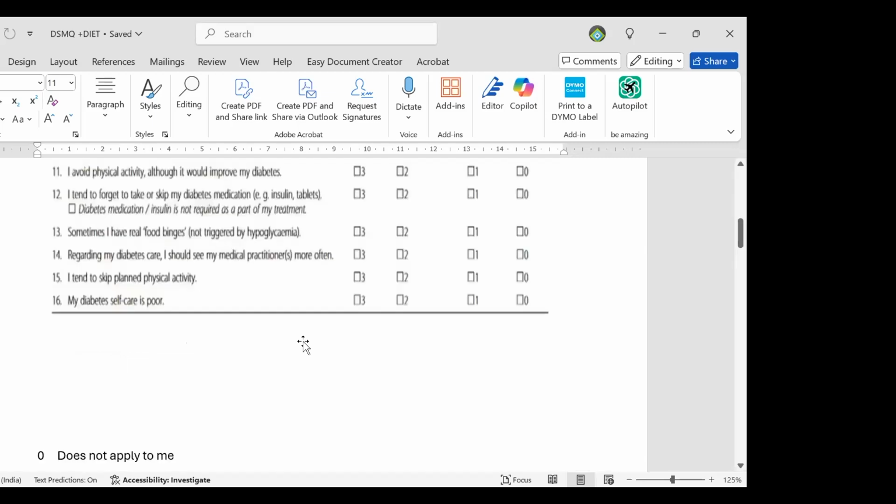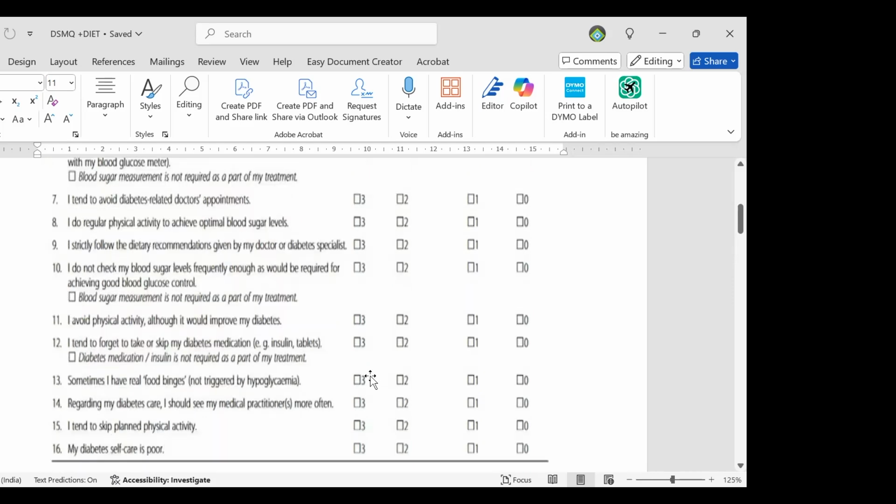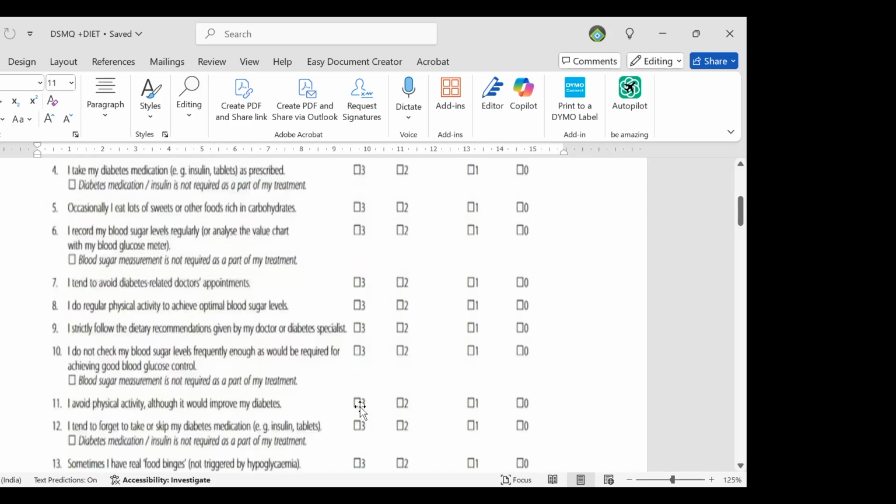The peculiarity about the DSMQ is that it has questions about food, medicine and compliance, and it has some negatively worded questions which are to be reverse marked. Suppose we consider the question, my diabetes self-care is poor, and we say yes, it applies to me all the time, very much.